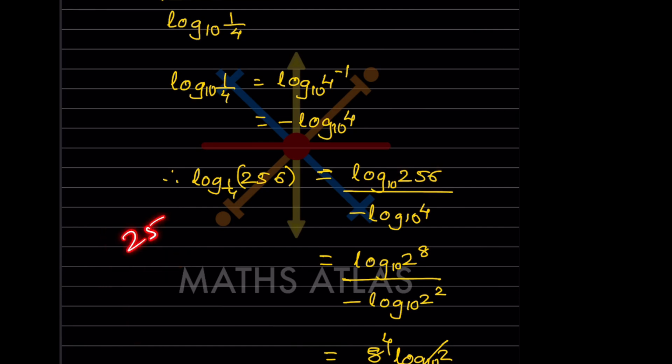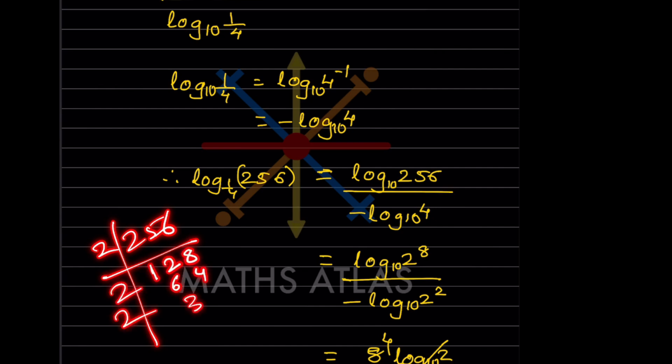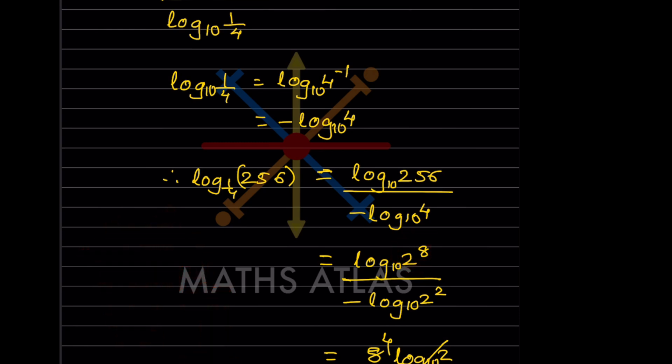You can factorize and see when you keep on multiplying: 2 1s are 2, 2 2s are 4, 2 4s are 8, 2 8s are 16, 2 16s are 32, 2 32s are 64, 2 64s are 128, 2 128s are 256. So 1, 2, 3, 4, 5, 6, 7, 8. That will be 2 raised to 8. And this 4 can be written as 2 raised to 2.